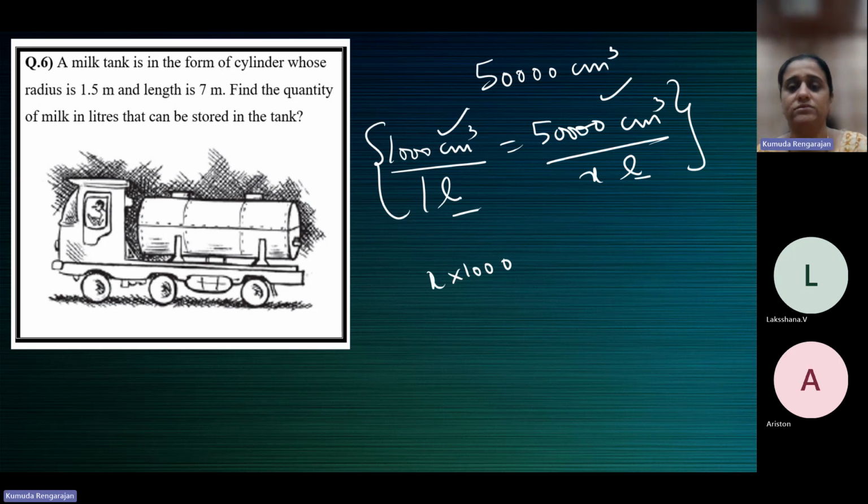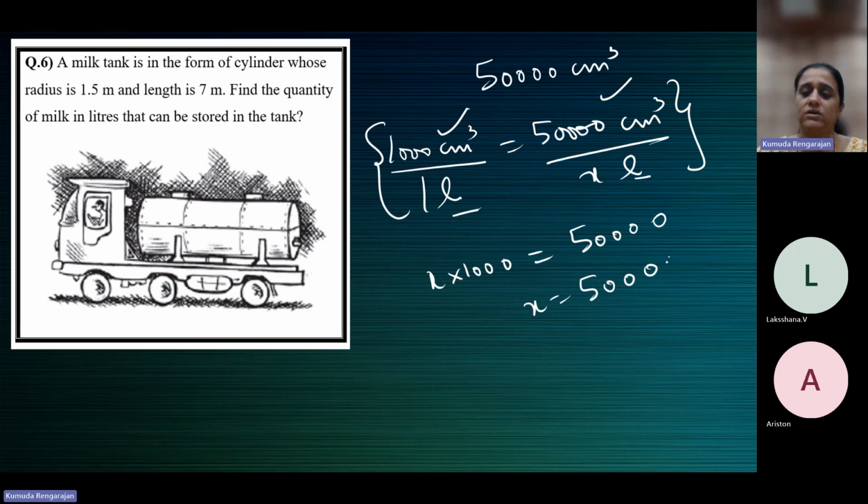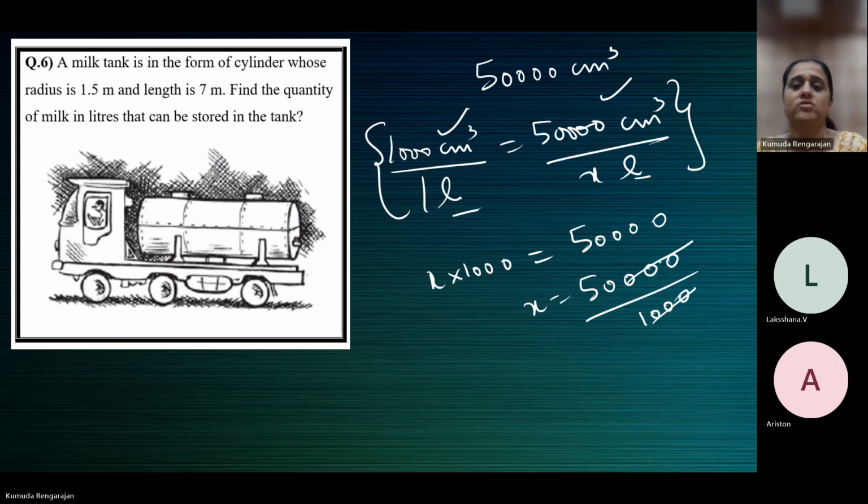That is very important. So on cross multiplying, X into 1000 is equal to 50,000 into 1, which is 50,000. So X is equal to 50,000 divided by 1000. 3 zeros get cancelled. 50 liters. So 50,000 centimeter cube means 50 liters.